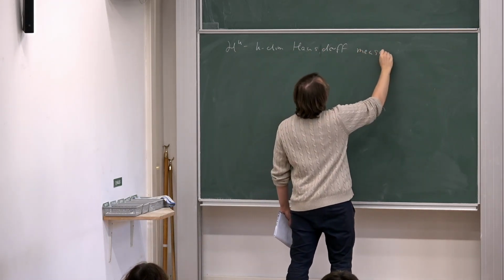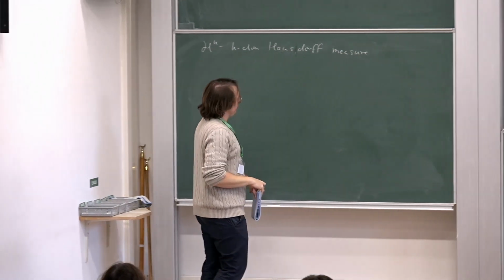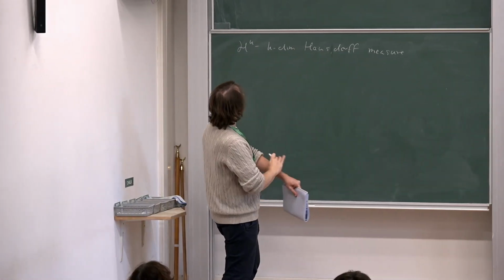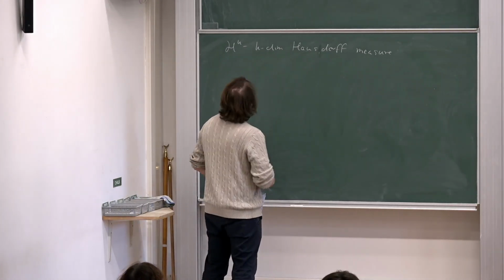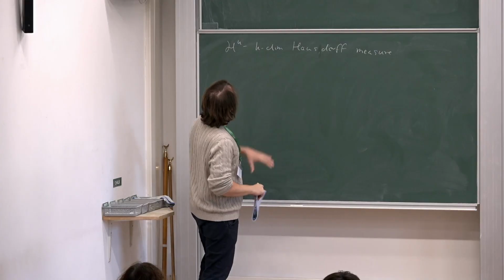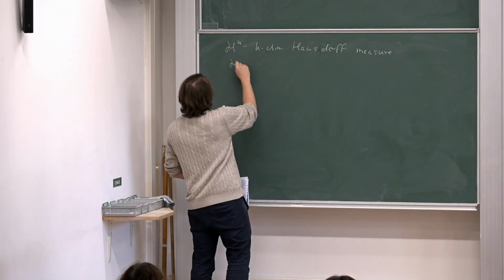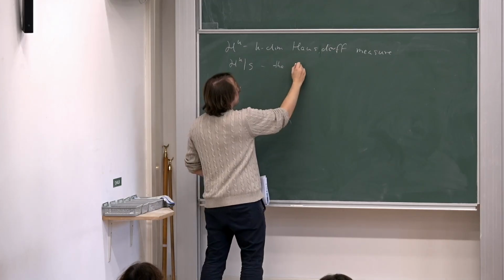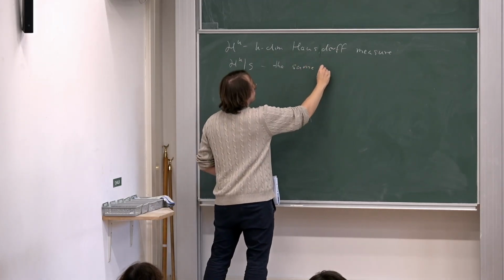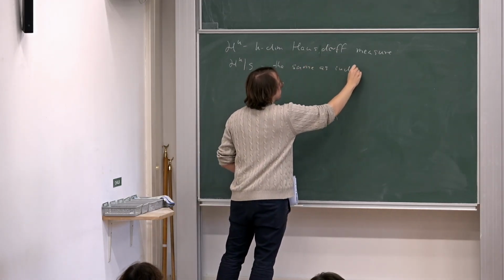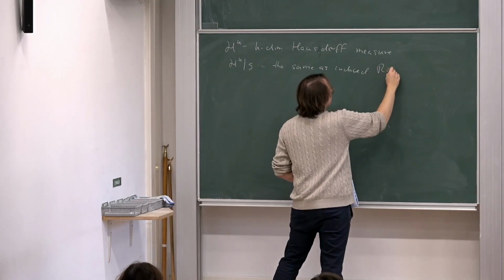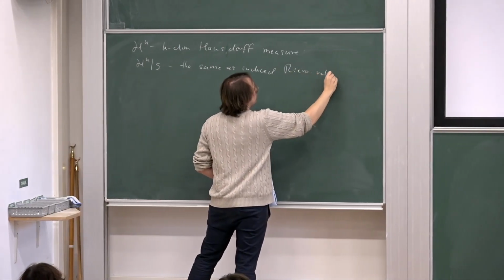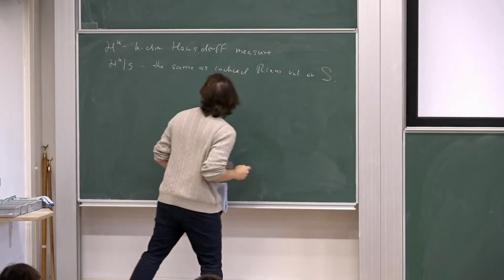And to make sense of this measure, we have to first restrict it to some k-dimensional set. When you restrict this measure to S, that's the only thing you need to know about it. This is the same as the induced Riemannian volume of S.